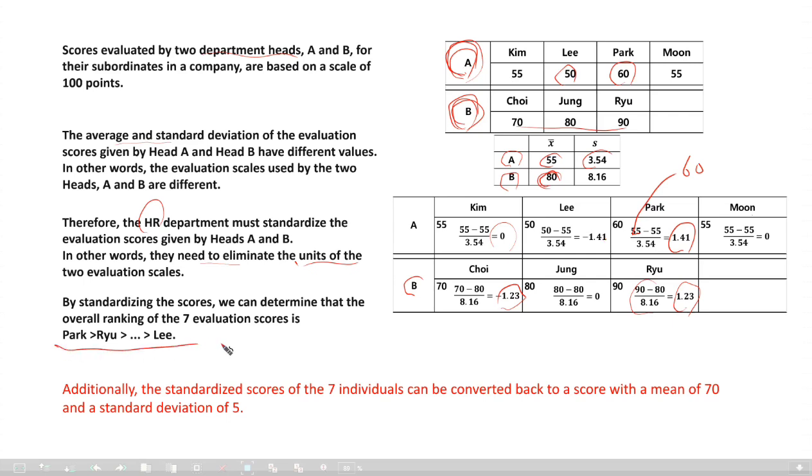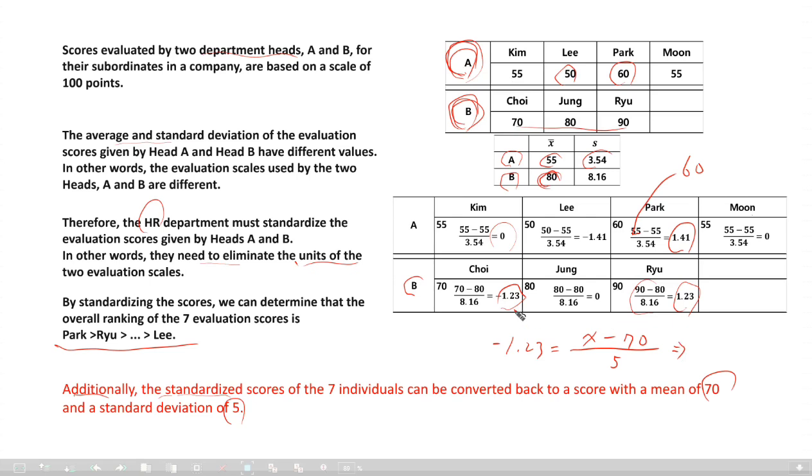Now, nobody understands that kind of standardized value. So additionally, the standardized scores of the 7 individuals can be converted back to a score with a mean of 70 and standard deviation 5.